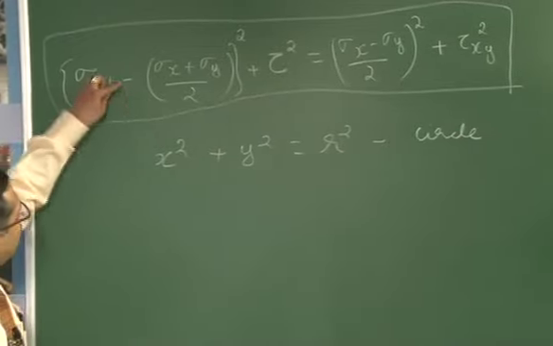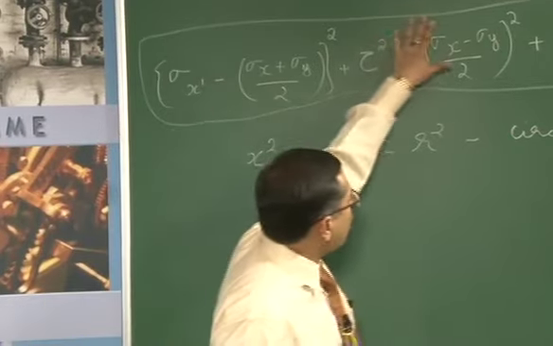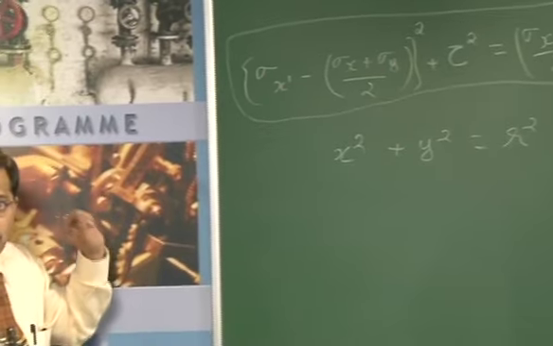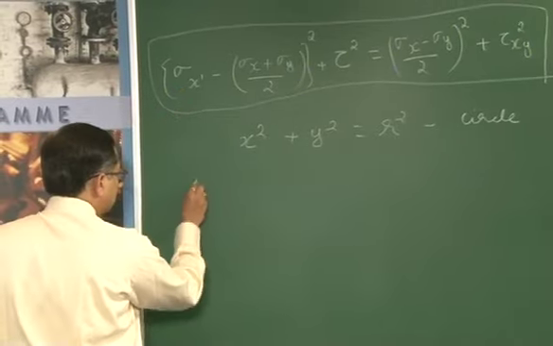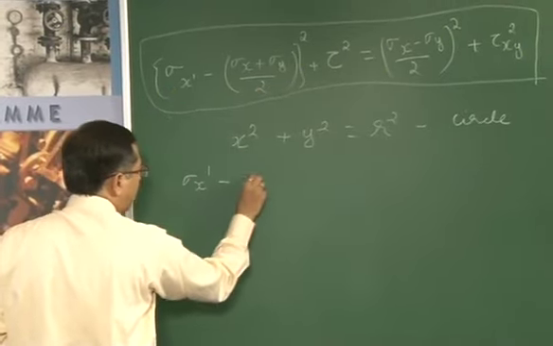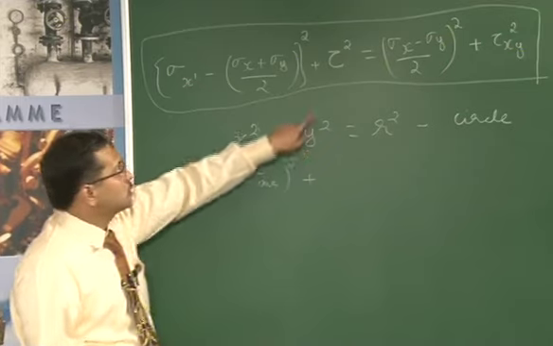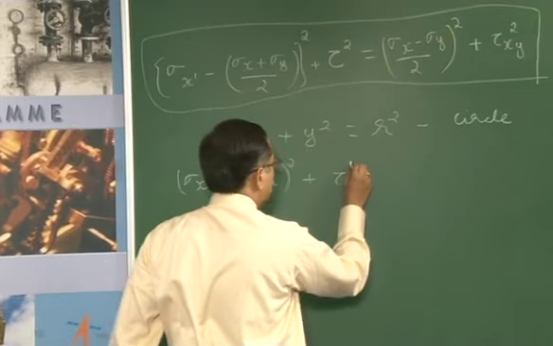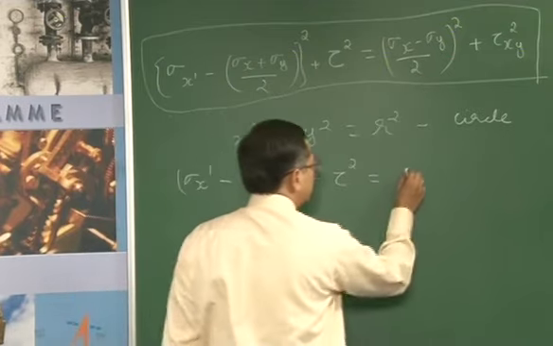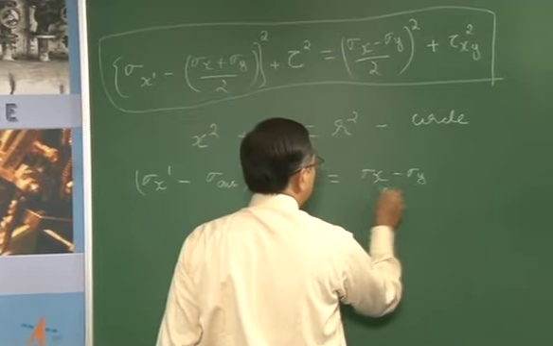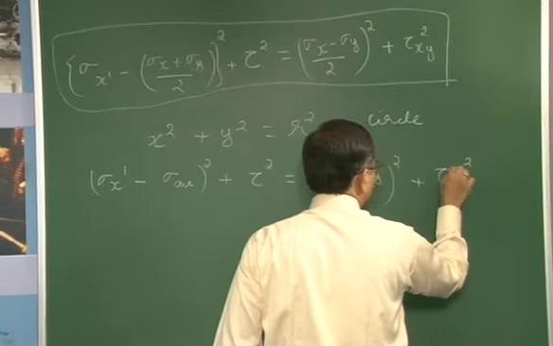If I compare this equation with that one, I can say that this is also an equation for a circle, where x corresponds to sigma x dash, the average stress, so I can write this as sigma average whole square, plus y corresponds to tau, the shearing stress, tau square, equals r square, where r corresponds to sigma x minus sigma y by 2 whole square plus tau xy whole square.